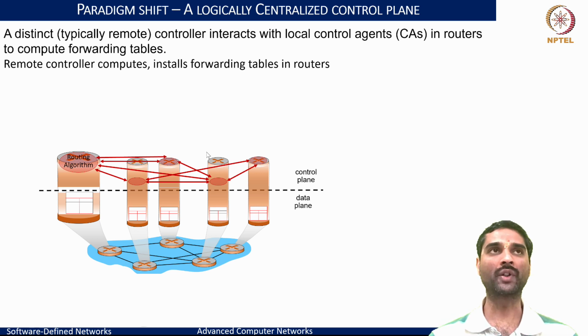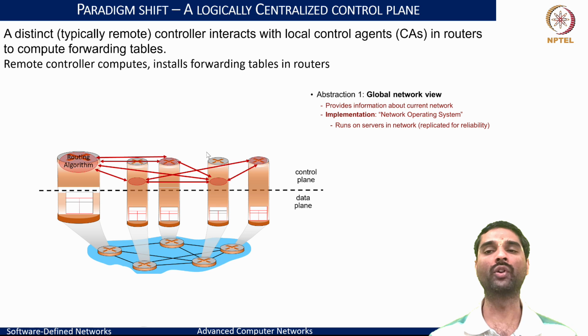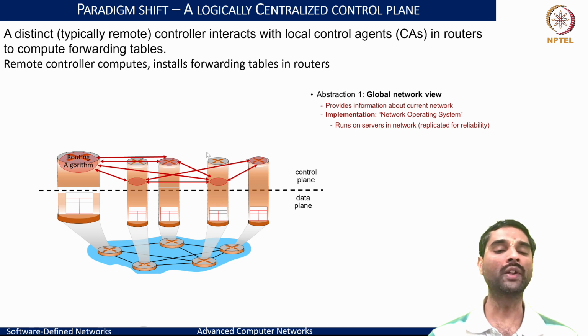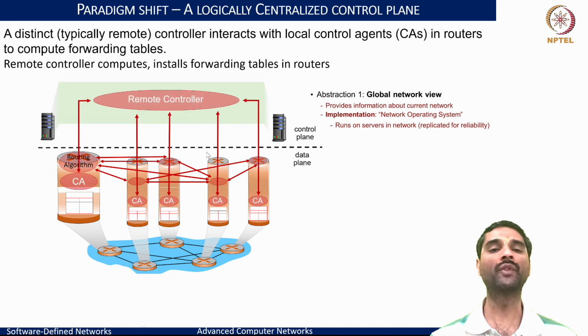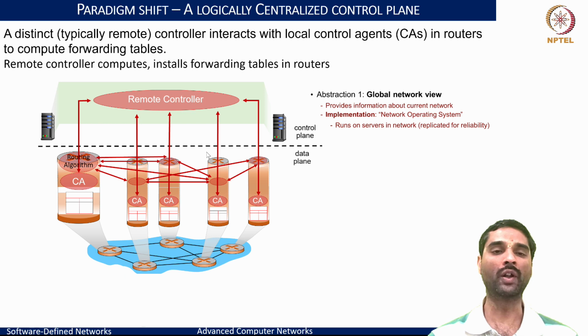Our first abstraction in this case was to provide a global network view. That means we didn't want each router to have a network view that is local to itself, but a view that is common across all of these routers. To do this, we have to ensure that the information is extracted from beside these individual routers.